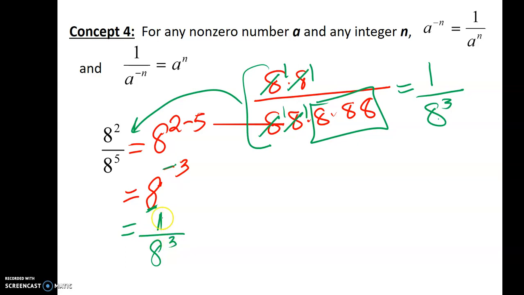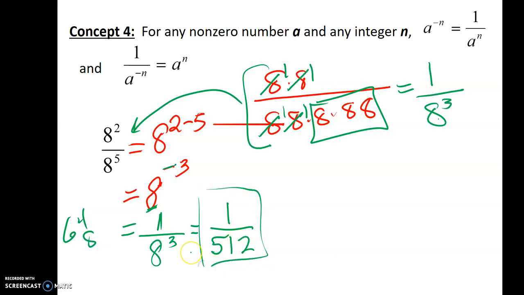Anything to a negative exponent is going to move that base position in the fraction. In this case, it's going to move it to the denominator. Now, we know this is not simplified. This is actually going to be 8 to the third is 64, 512. So this is actually the final answer. We'll take a look at some answers with variables in them in a moment.